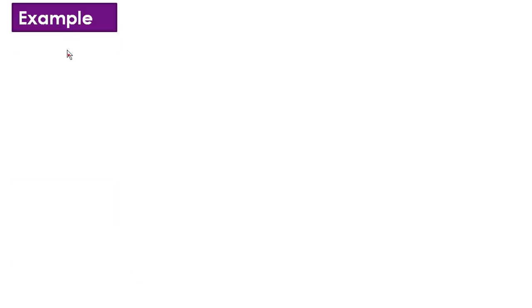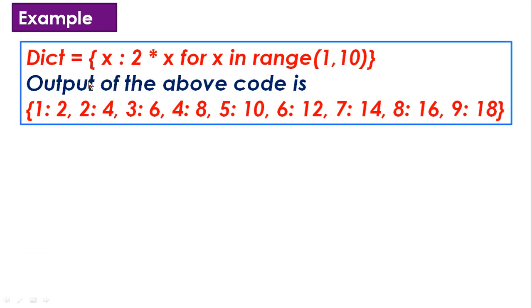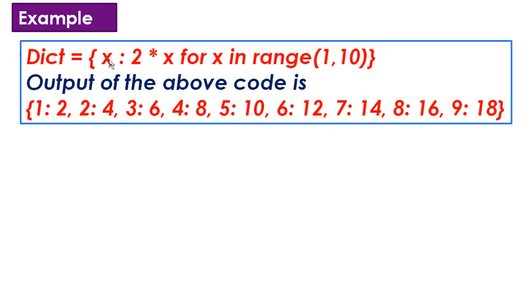Here is an example for dictionary comprehensions. dict equal to x colon 2 into x for x in range 1 comma 10. So this for loop generates the values 1 to 9. The x value varies from 1 to 9, which is displayed in the output as 1, 2, 3, 4, 5 up to 9, followed by colon.